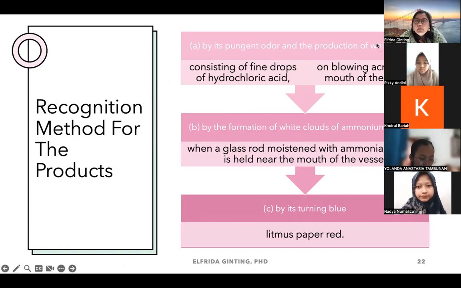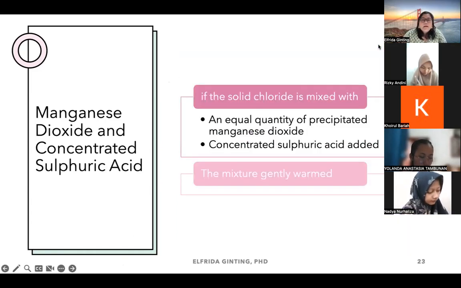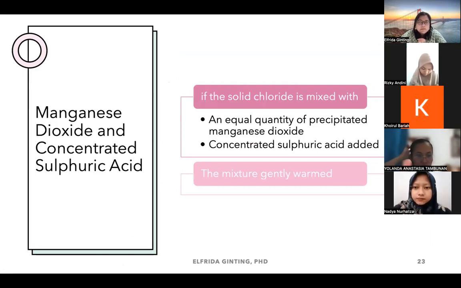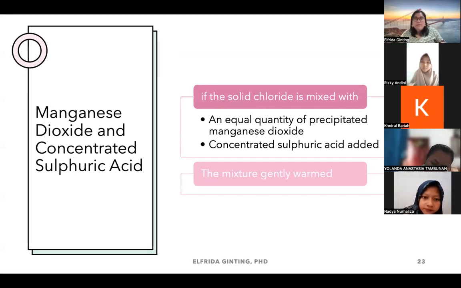Okay. Now, next, if we have manganese dioxide, we mix it with concentrated sulfuric acid, and then we mix it with chloride, then we will have manganese 2 plus, a soluble solution.